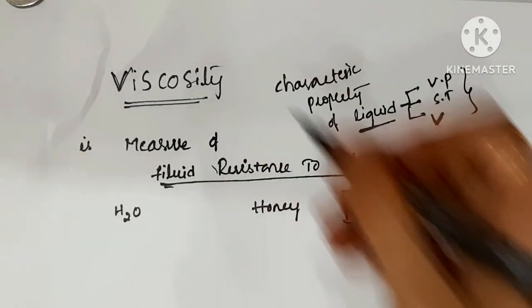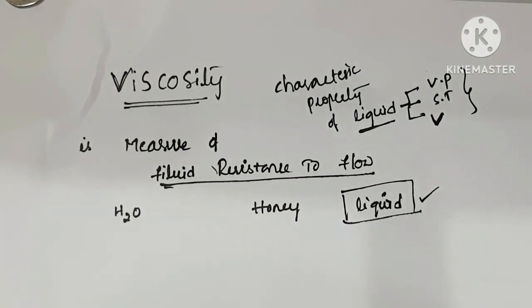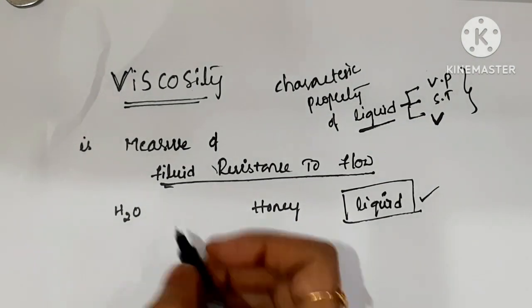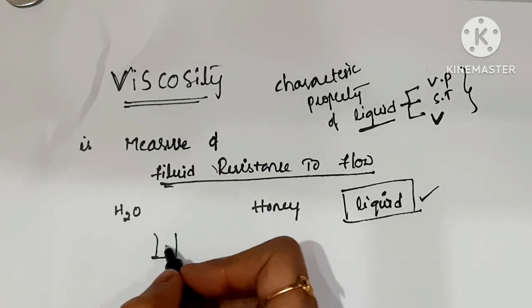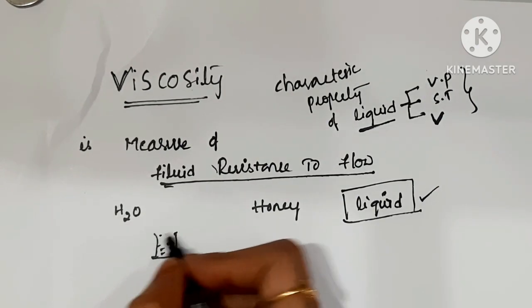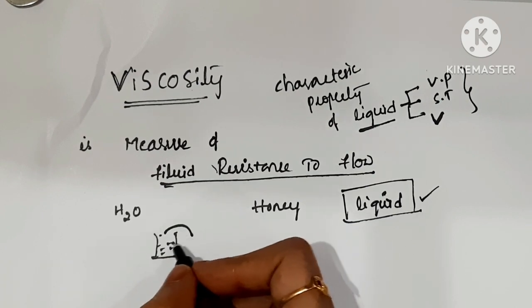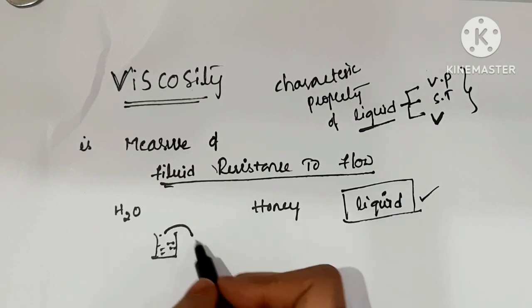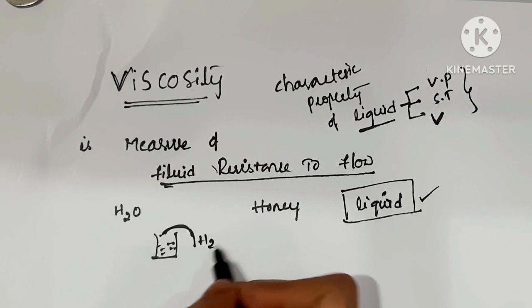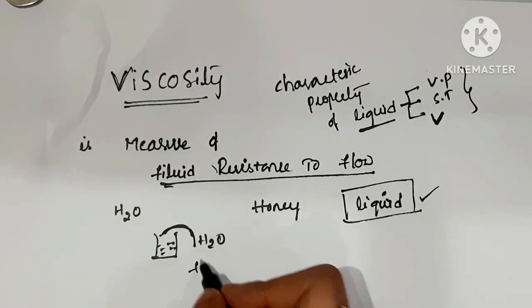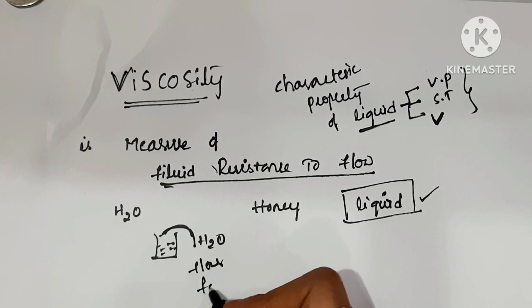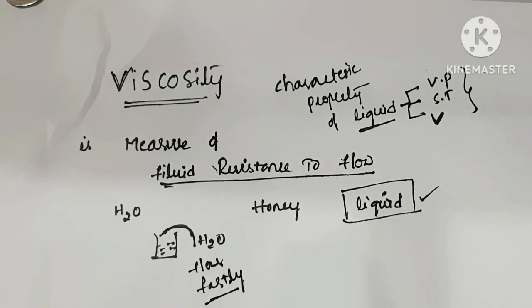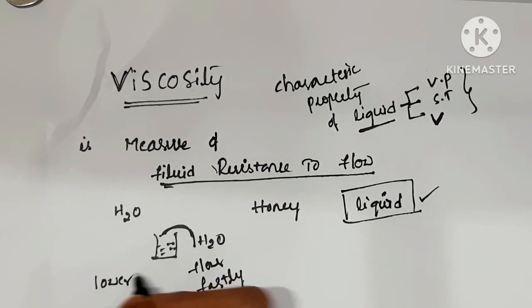When we bend a beaker of water and pour it outside, the water flows very fast. That means lower viscosity in water.